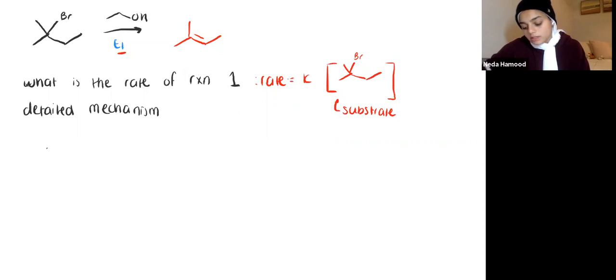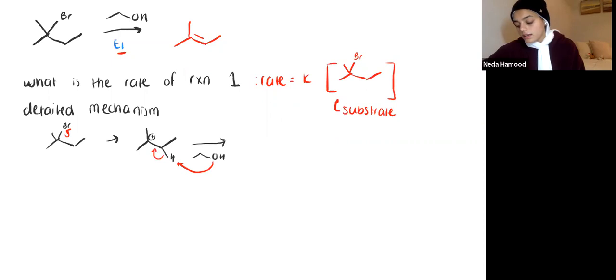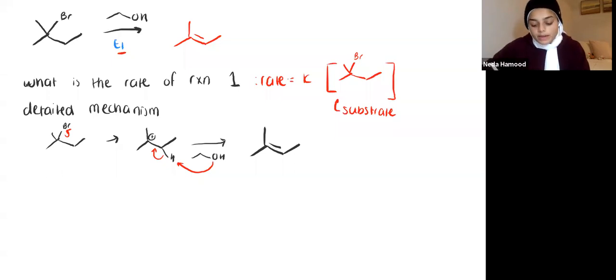We went over this, but it looks like this. Br leaves, then we have our tertiary carbocation, and then from there we have our H like this. OH takes that, goes there, and then we have this as our product. And then we have another question.